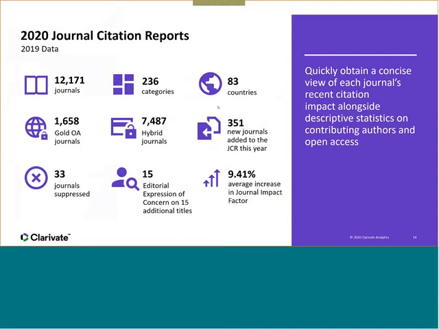So this will show you how exclusive the Journal Citation Reports metrics are. We are very strict in our quality checks. If we find that there has been any misbehavior by the journals, we will send in editorial expressions of concern, and if they do not change their habits, we will also suppress them.